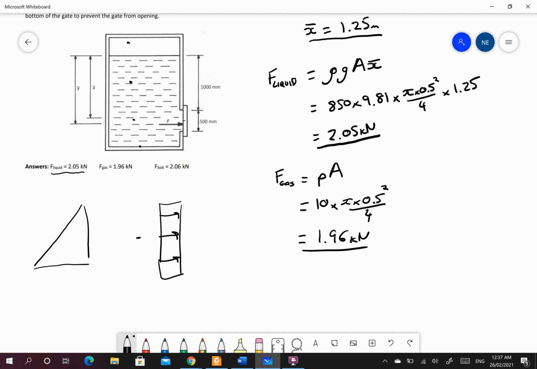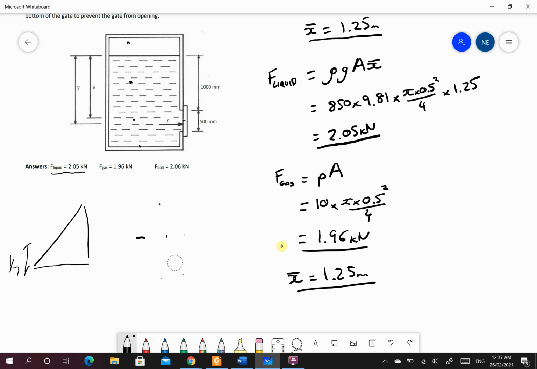What it means is the actual force is felt halfway. So the gas force sits at x bar, which is 1.25 meters.